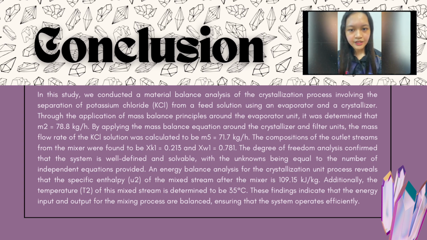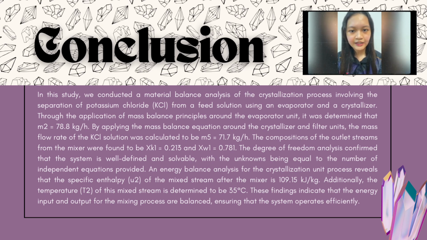Outlet stream compositions from the mixer were XK1 equal to 0.213 and XW1 equal to 0.781. Energy balance analysis shows a specific enthalpy U2 of the mixed stream after the mixer of 109.15 kJ per kg and a temperature T2 of 35 Celsius.